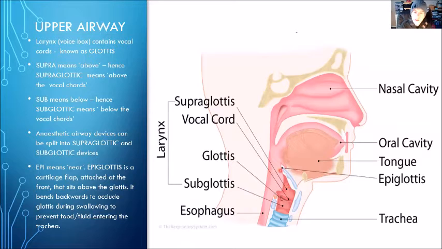And so the function of the epiglottis is to occlude the opening of our airway when we swallow. So when we swallow saliva or when we swallow food or drink, this cartilage flap bends backwards and occludes the glottis.